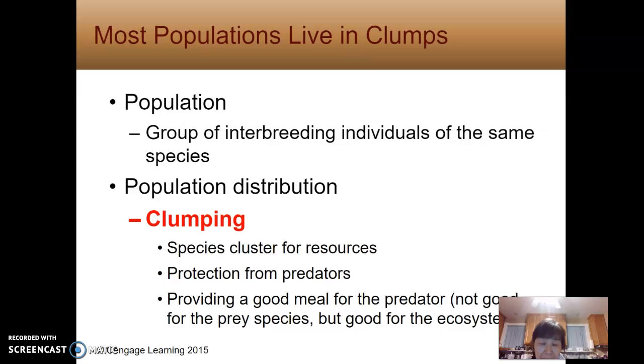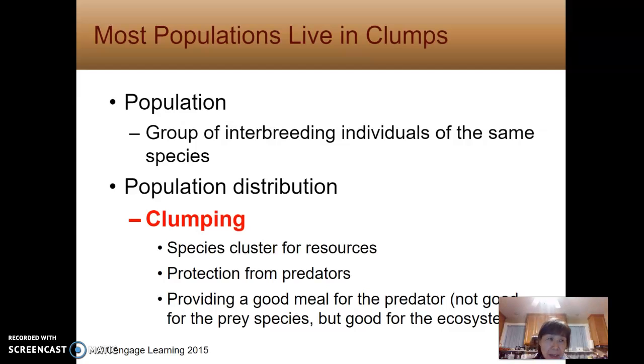So what are the advantages of clumping? Some of the advantages are good to themselves. Some of the advantages are good to their predator. But either one, that would be good for the ecosystem. Okay. The two advantages good for the population itself: the species cluster for resources.